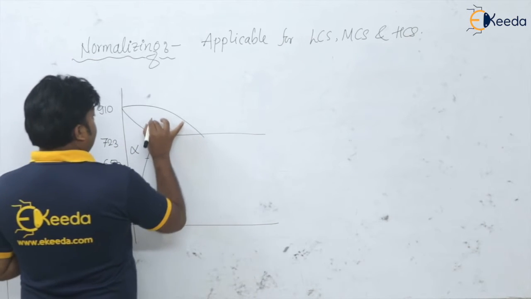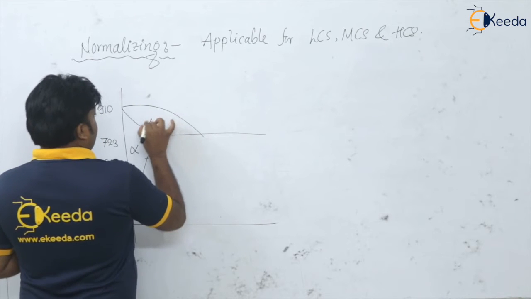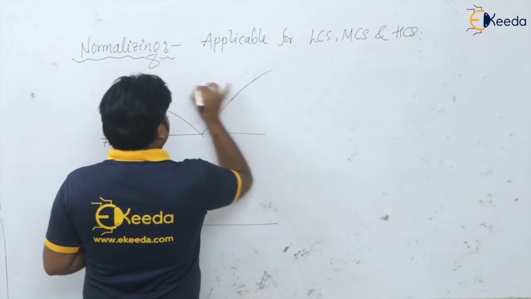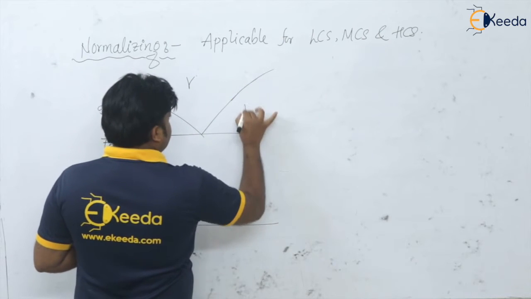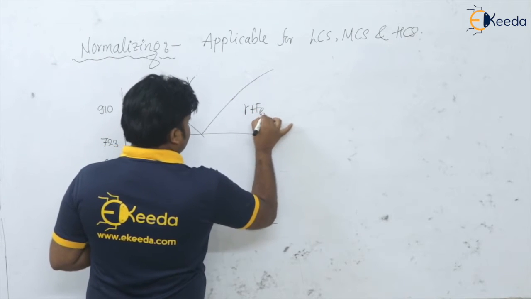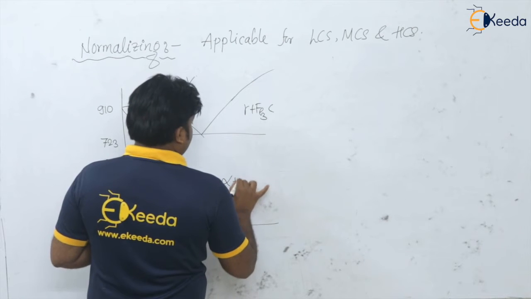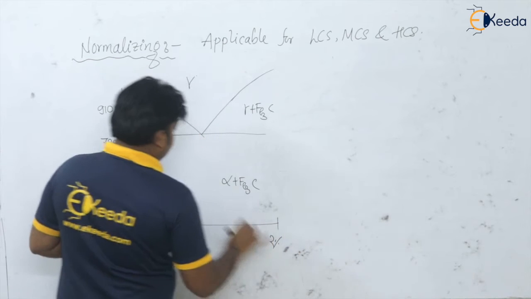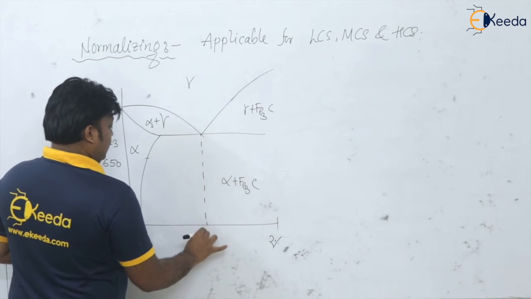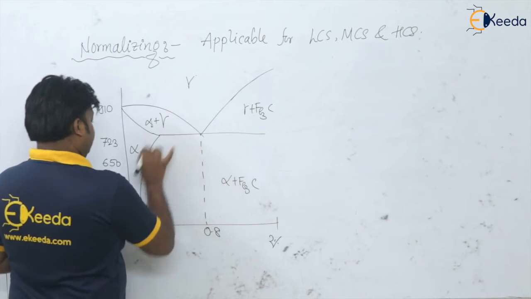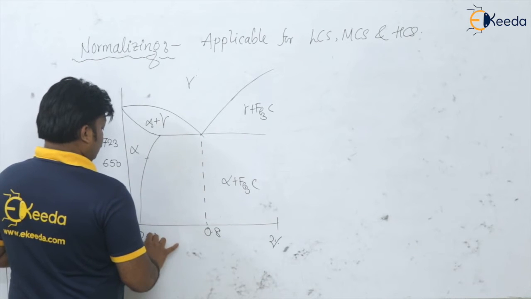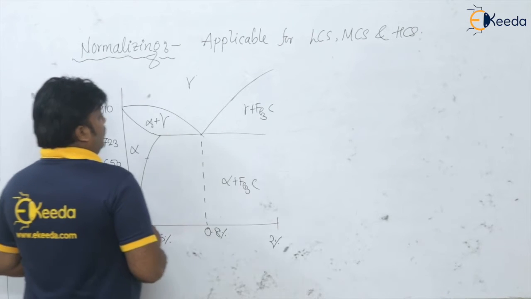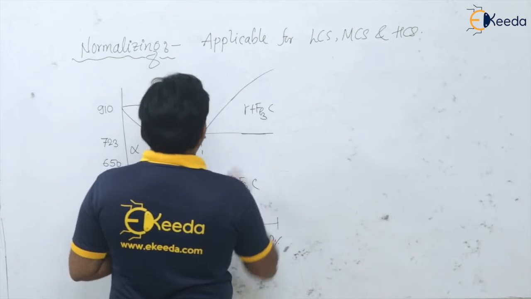This is alpha iron, this is alpha plus gamma, and this is gamma austenite, gamma plus Fe3C, this is alpha plus Fe3C, up to 2% of carbon. This is 100% perlite, 0.8%, and this is 0.025% of carbon. So what did I just tell?